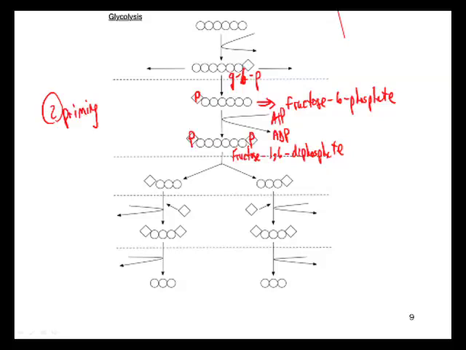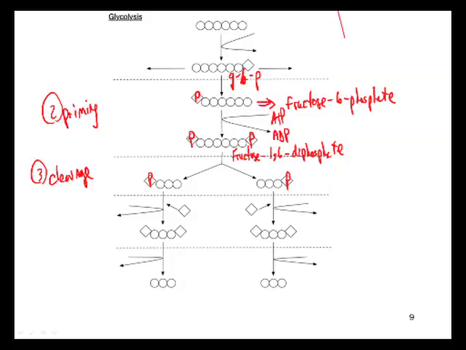Now again, enzymes will split that fructose 1,6-diphosphate pretty much in half. So we're going from one 6-carbon molecule with 2 phosphates to 2 3-carbon molecules with 1 phosphate each. Okay? That was the cleavage phase that we called it. Split in half.